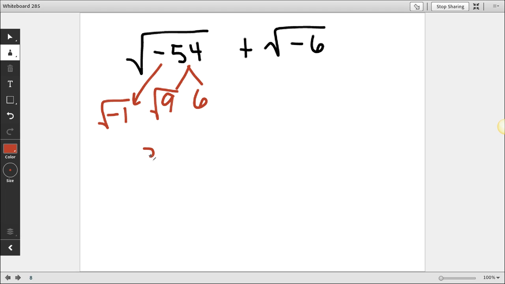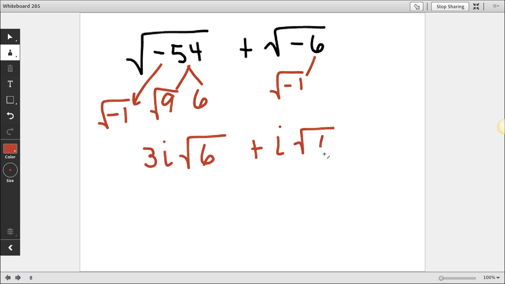So that's going to give me 3i. And then 6 doesn't have a perfect square factor, so it stays. -1 is the only thing that's going to factor here. And again, because this part is the same, I can combine the coefficients to get 4i square root of 6.